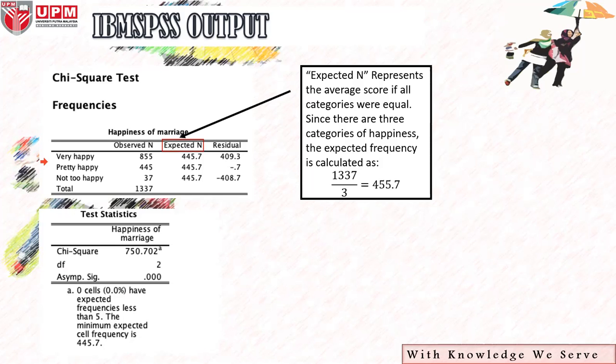Then go to our SPSS output. In the first table, the frequency table, we refer to the expected value. The expected value represents the average score if all categories were equal. Since our sample is 1337, if all are equal, each category will get 445.7 as the expected value.